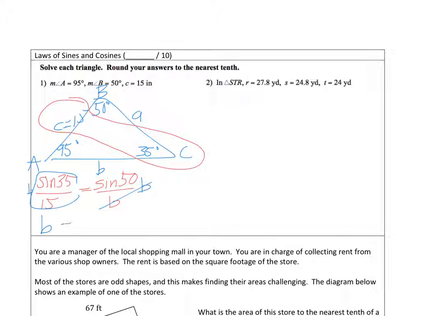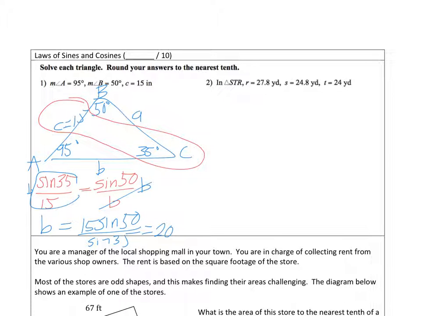We end up getting B is equal to 15 sine 50 divided by sine 35. And when I actually calculate that, so 15 times sine 50 divided by sine 35, we get that B is equal to 20.03. So I'll leave that as 20.